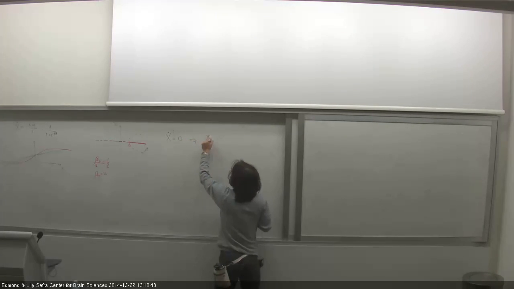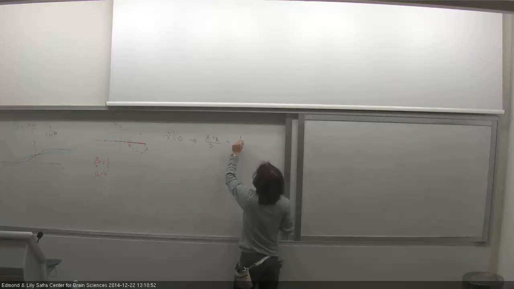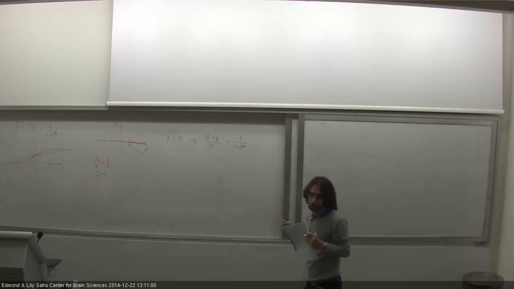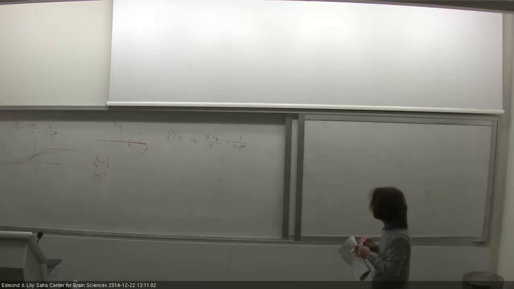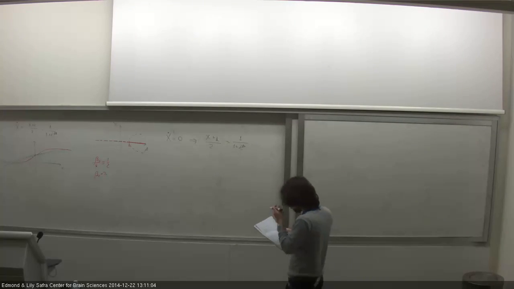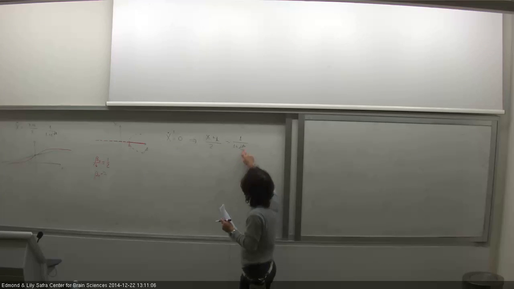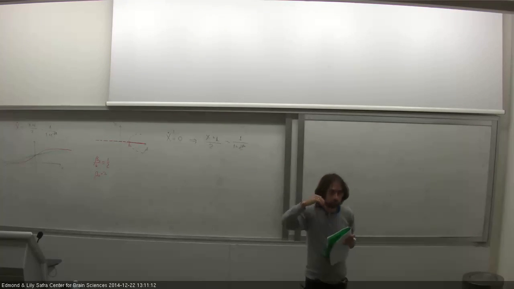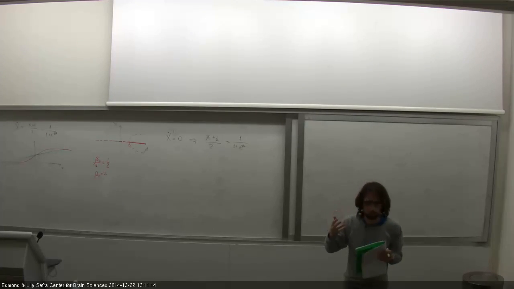And so we can write x plus 1 over 2 equals 1 over 1 plus an exponent. This is a transcendental equation, and you cannot solve this analytically for x. But what you can do is solve for beta. Okay, instead of solving for x, you can just solve for beta and get the inverse function.